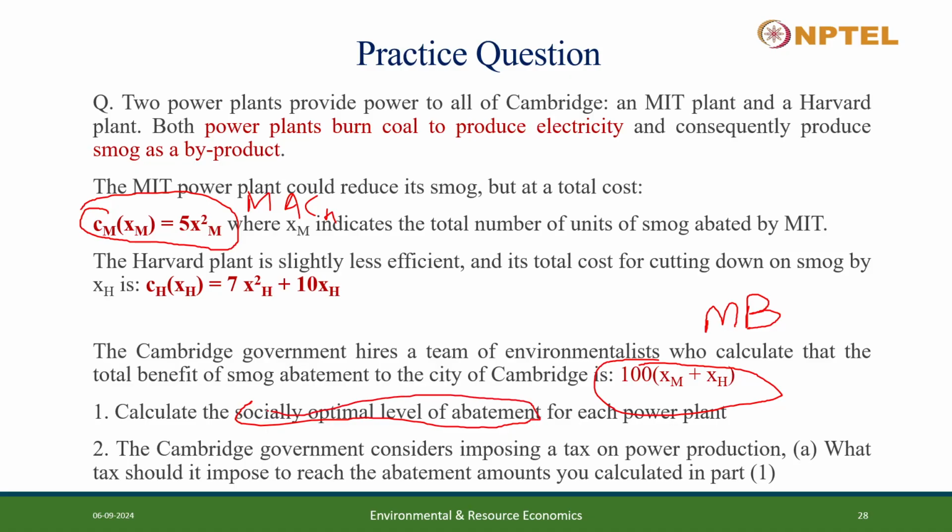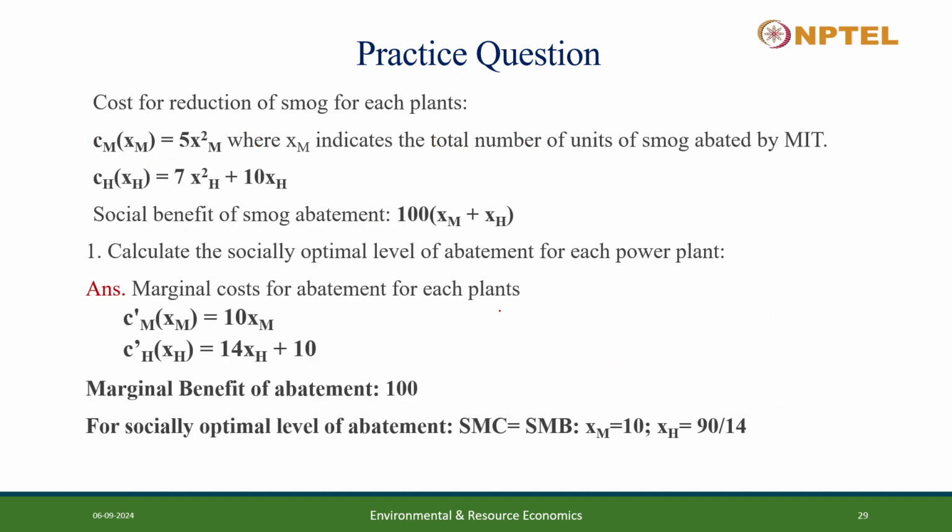When we draw the MC and MB curves, we have to calculate the marginal cost of abatement, which will be 10xm and 14xh plus 10, and the marginal benefit of abatement will be 100, right? So to find the socially optimum level of abatement, we are equating SMC and SMB, social marginal cost and social marginal benefit.